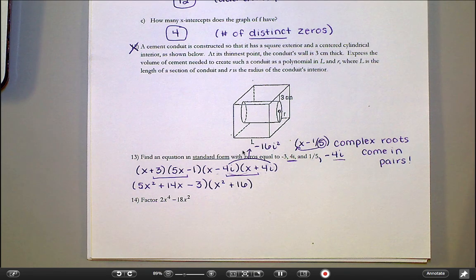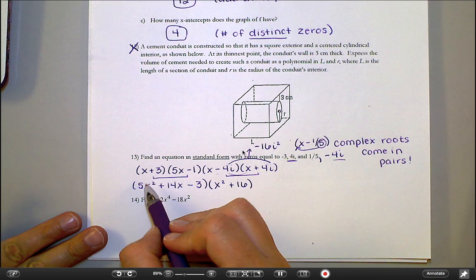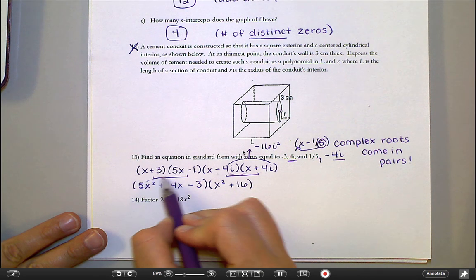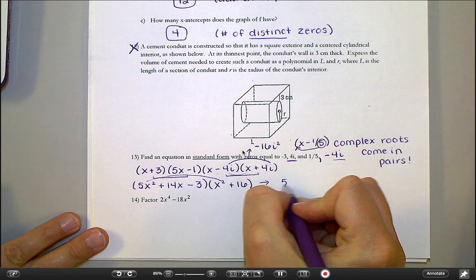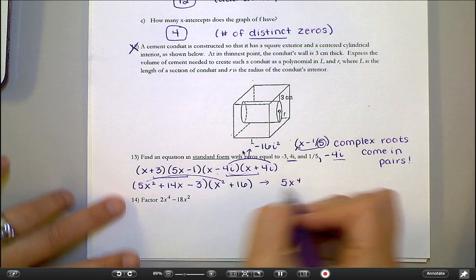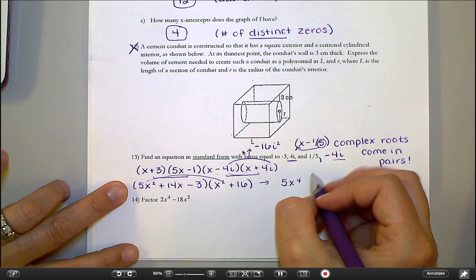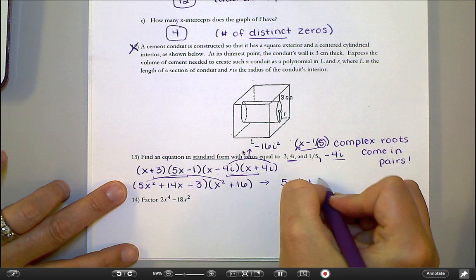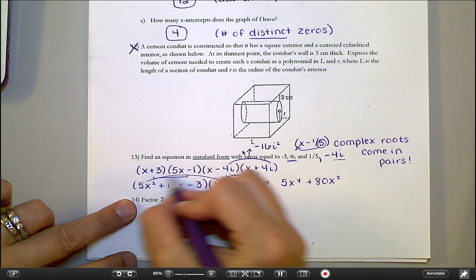Okay. Now I need to multiply these two things together. So really no way around it. We just have to do a lot of distributing. So 5x squared times x squared makes 5x to the 4th. 5x squared times 16, let's see, 5 times 16 is 80. So that's going to give me 80x squared. Now I did these two.